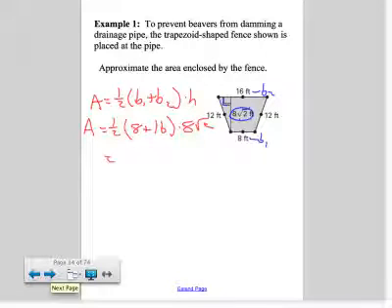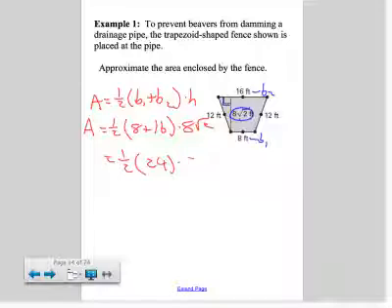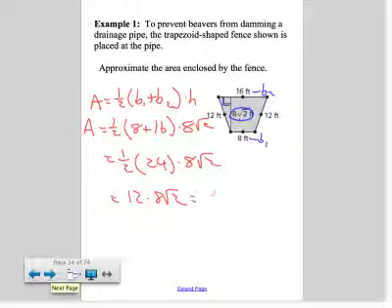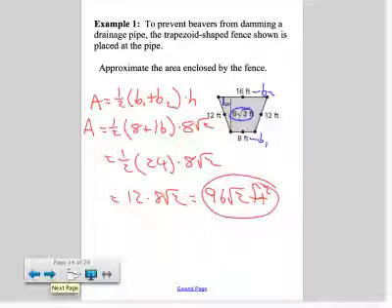And so finally we have 1/2 of 24 times 8 root 2. We're going to leave a radical here just for ease sake. Half of 24 is 12 times 8 root 2. 12 and 8 makes 96 square root 2. And then obviously it's area, so it's feet squared. So 96 square root 2 square feet would be the area of this trapezoid.